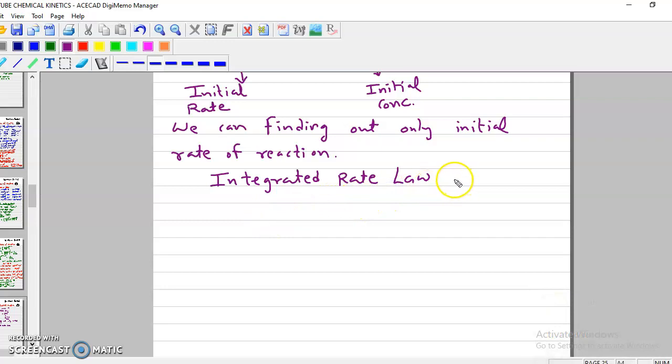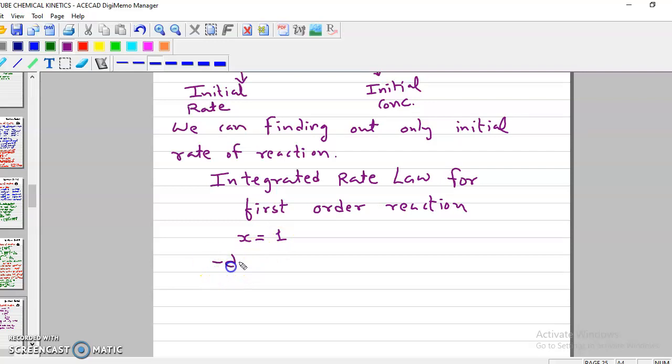Now, the integrated rate law for a first order reaction. For this, we take the same reaction where X is equal to 1. So when we take X equal to 1, it becomes a first order reaction.